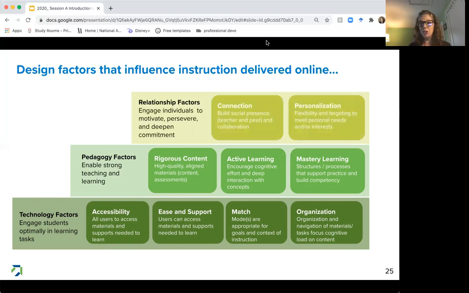Finally, we have relationship factors, which as I explained before, are the secret sauce to ensuring students are motivated and committed in remote learning environments. The first is we need to build connection. Learning online can feel isolated, and even more so given the level of disconnection we're all feeling during COVID-19.